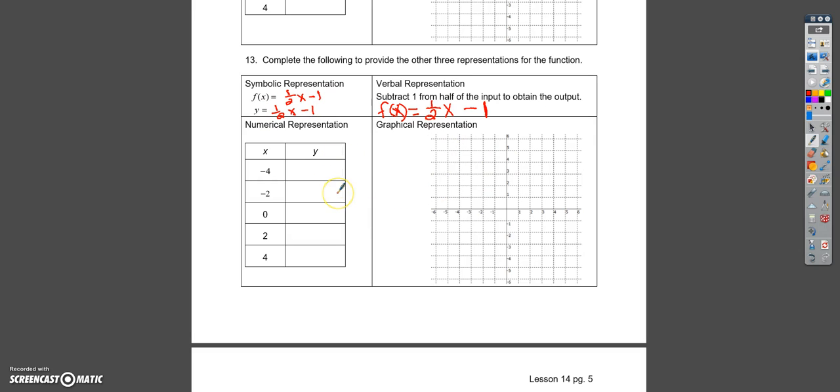So now I'm going to magically get these numbers, and you're going to ask me in class where they came from.